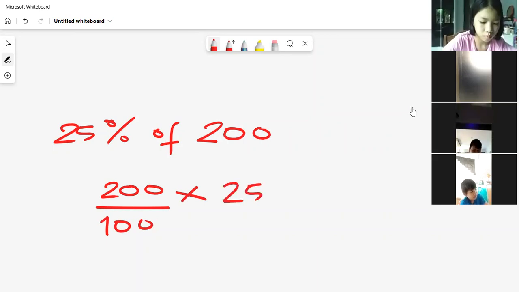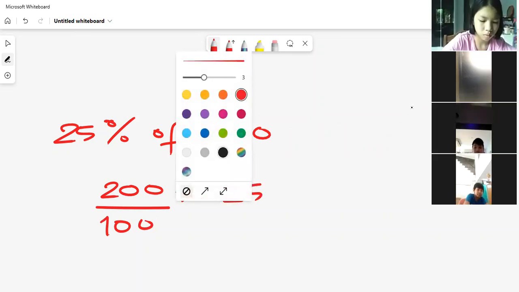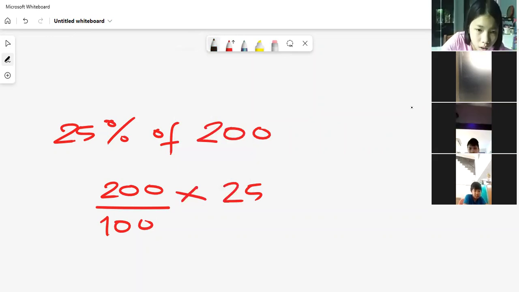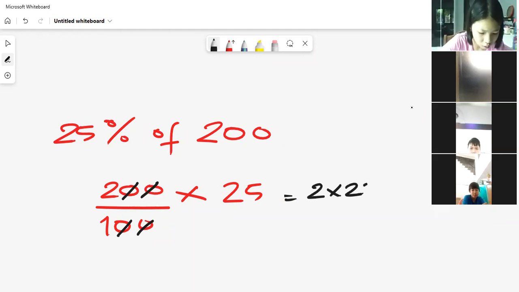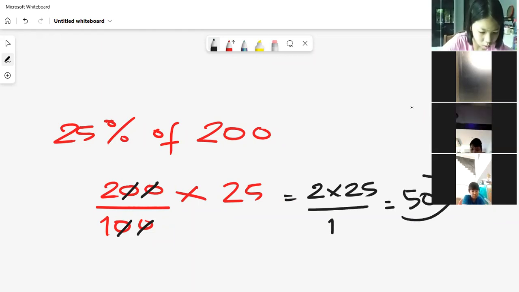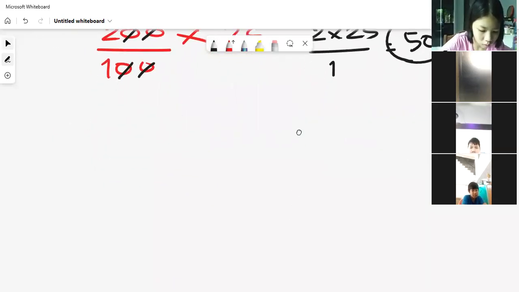Now, can we cut the numbers? You need to count the zeros: 1, 2, meaning you will remove 2 zeros. So it will become 2 times 25 over 1, equal to 50 over 1, or 50.